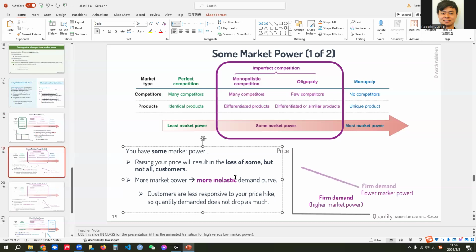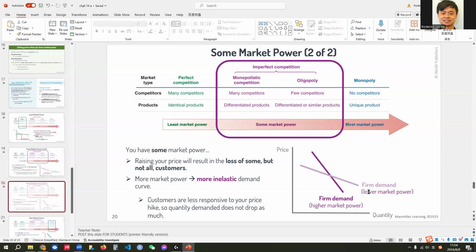Levi's has a certain group of loyal consumers, right? Kate Spade has a certain group of loyal consumers, right? H&M has a certain group of loyal consumers. It is not that extremely loyal they are, but there is a certain degree of loyalty, namely inelasticity. So this demand will be steeper, right?